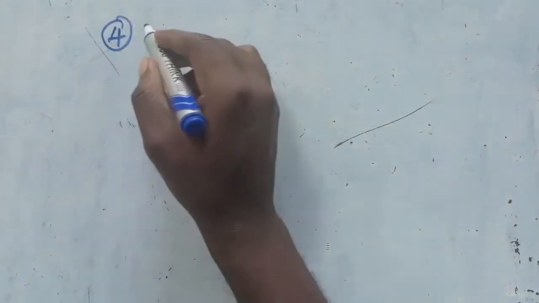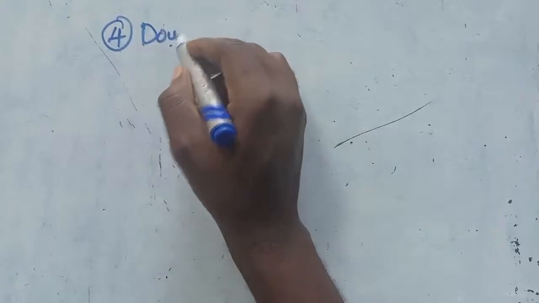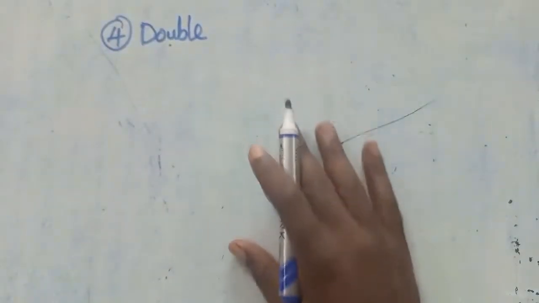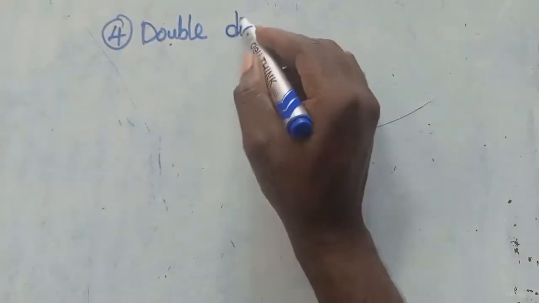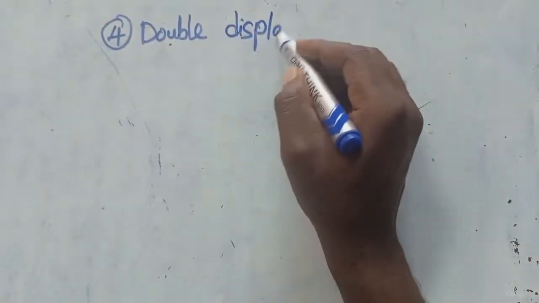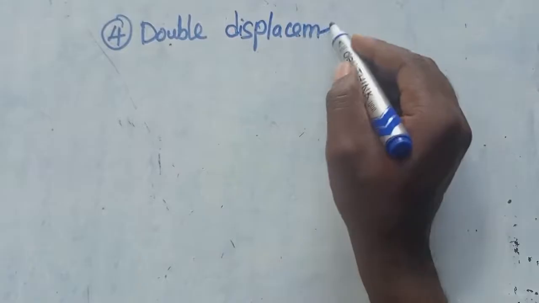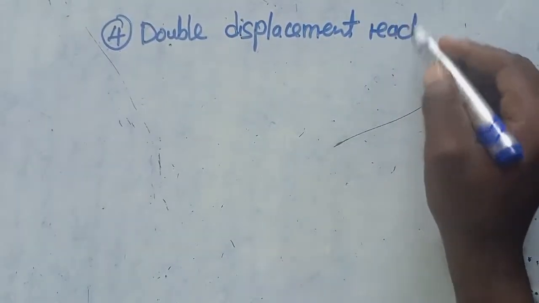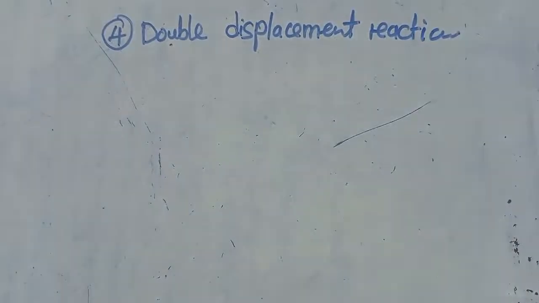The fourth one is called double displacement. What we were looking at was single displacement, but this one we call the double displacement reaction. Some people call it double decomposition reaction.